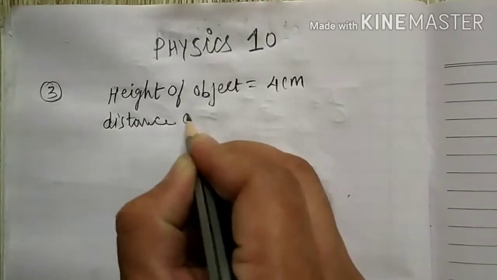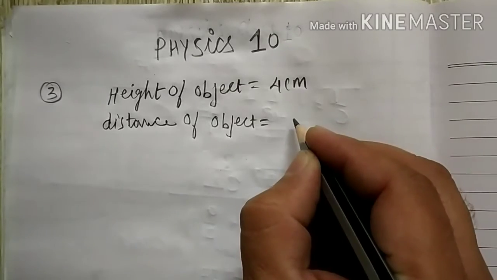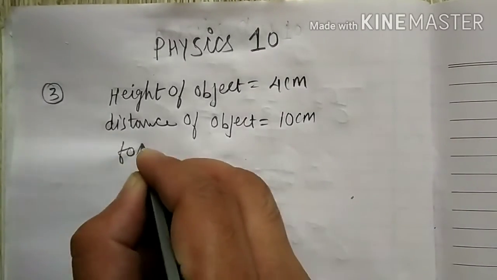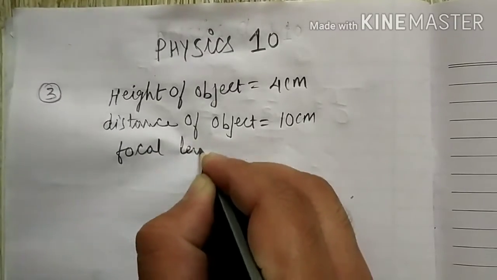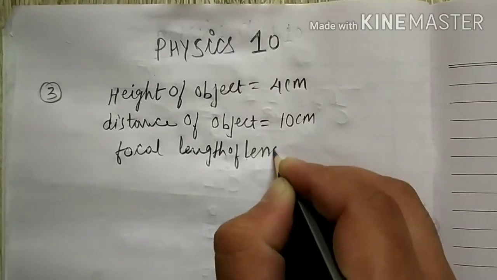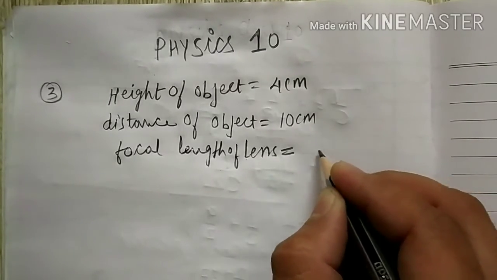Distance of object is given as 10 centimeter and focal length of lens is equal to 20 centimeter.